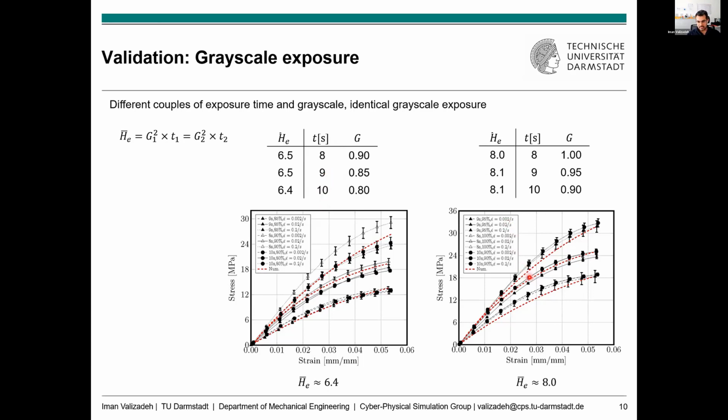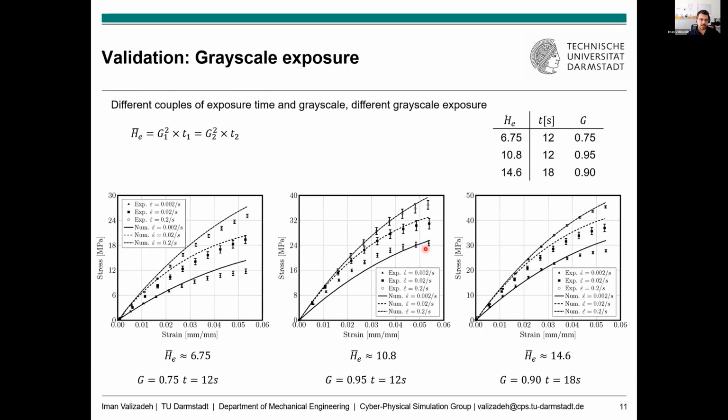And we compare here the experiments for different strain rates. First, we see that the stress-strain curves from the experiments have a similar behavior for similar grayscale exposures. And we see the red lines, which are the numerical stress-strain curves, and they can approximate the experimental curves with a good agreement.